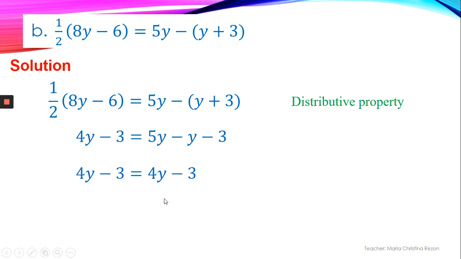So this type of equation, 1/2 times the quantity of 8y minus 6 is equal to 5y minus the quantity of y plus 3, is an identity equation.